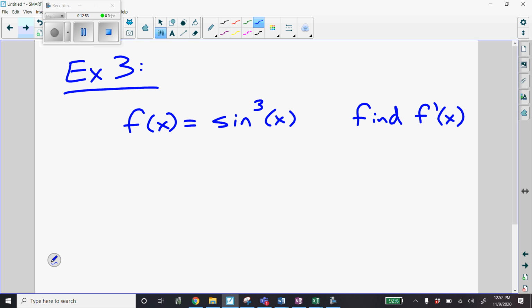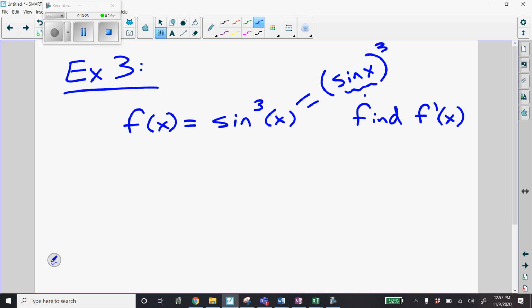When the 3 is written where it is, the AP exam loves to use that kind of notation, so we have to be comfortable with it. We also have to know that that literally means sine of x, the whole thing, is being raised to the third power. Now, when you write it with this notation as opposed to this notation, it's much easier to see that sine of x is our inner, x cubed is our outer.